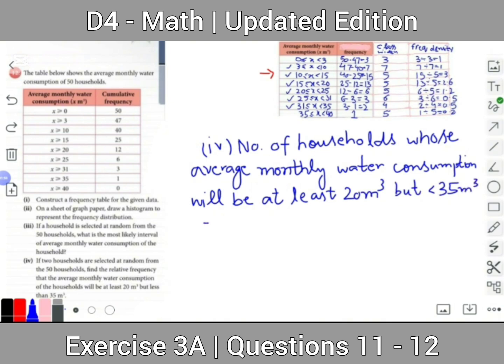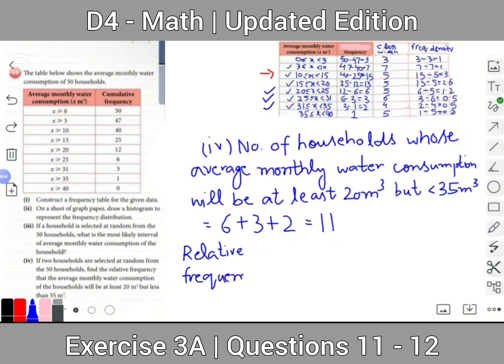So here we will add up the frequencies of the three class intervals. The first is 20 to 25 having the frequency 6, 25 to 31 having the frequency 3, and 31 to 35 having the frequency 2. So 6 plus 3 plus 2 is equal to 11. Now to find the relative frequency, we will use the formula: number of occurrences divided by total number of trials.